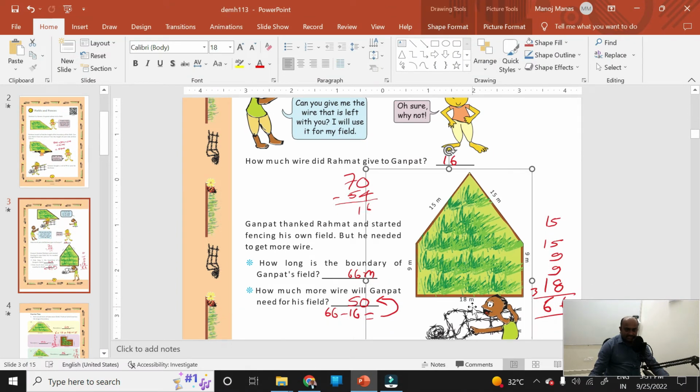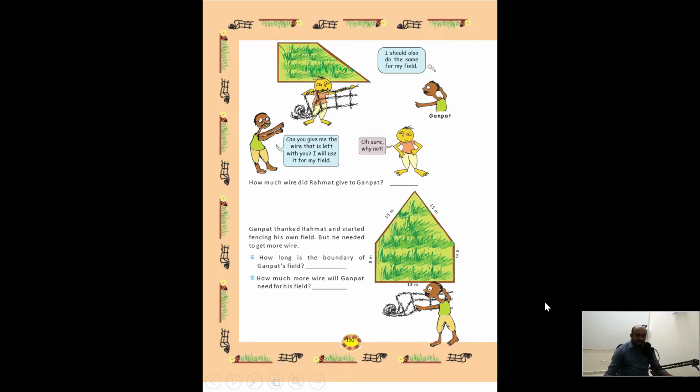You can see that 18 meters is mentioned there. So let us go with the slideshow again. 66 minus 16 is the wire which Ganapat needed for his field.